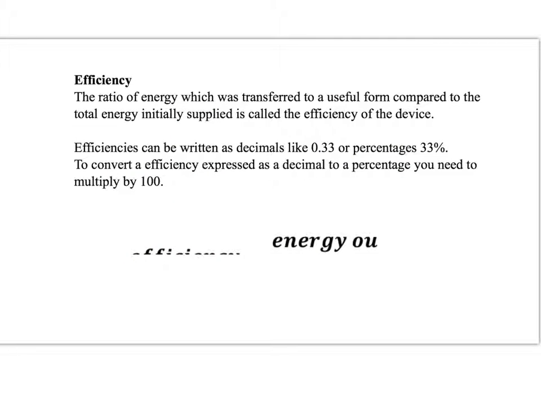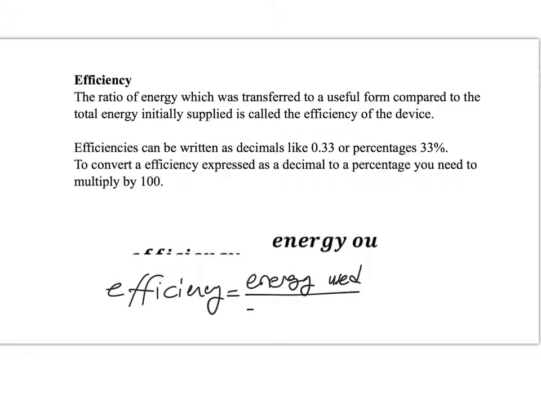Efficiency, the ratio of energy which was transferred to a useful form compared to the total energy initially supplied, is called the efficiency of the device. That means that efficiency is the ratio of energy used over the energy supplied.